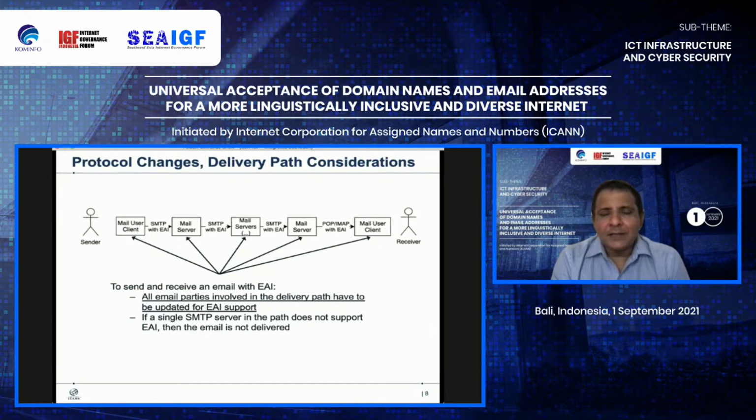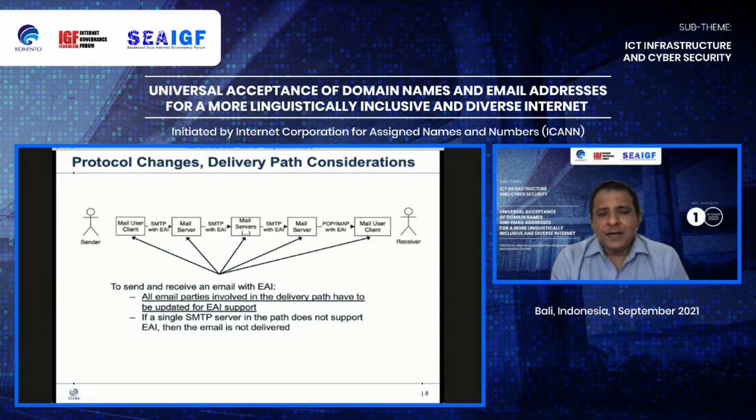If you remember, I told you earlier what the things are that we need to fulfill to make sure that EAI is supported. All those requirements need to be met with regard to every mail server that you find in the path. So this is quite important.